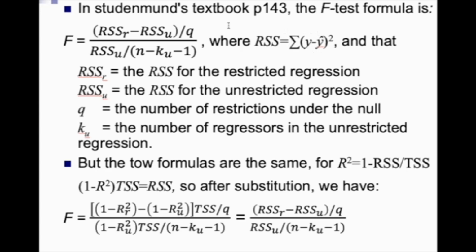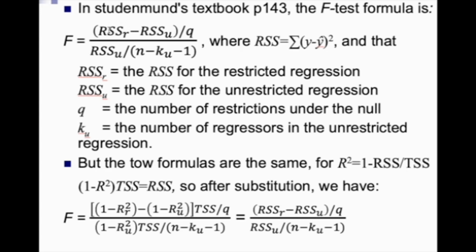The sum square residual for the unrestricted model is smaller than the sum square residual from the restricted model. So this difference is always positive.